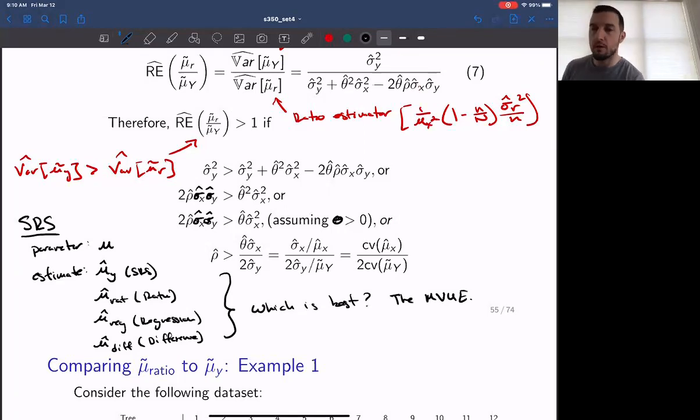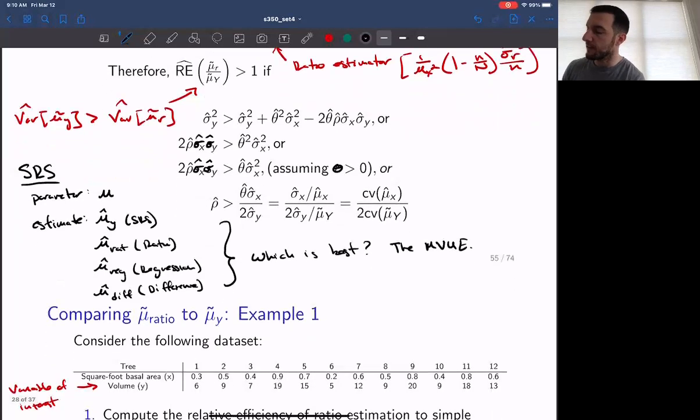So from an empirical or a practical point of view, what we are effectively asking is which of these estimators has the smallest variance. Now we could compare the variances directly. That would be a valid approach for the same sample size, to just calculate the variance of each of these estimates and then state which one is the smallest.